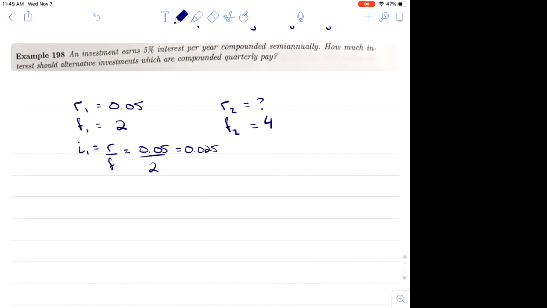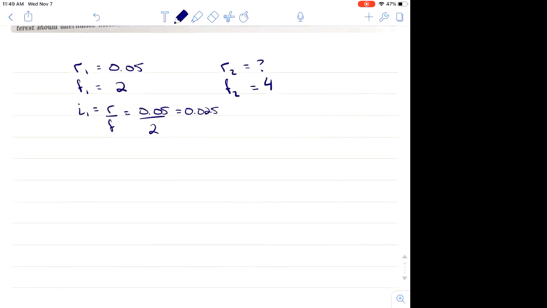You can do it inside the formula if you want to, or you can do it separately. Doesn't matter to me. So now we can say I2 is 1 plus I1 to the power of F1 over F2, all minus 1.